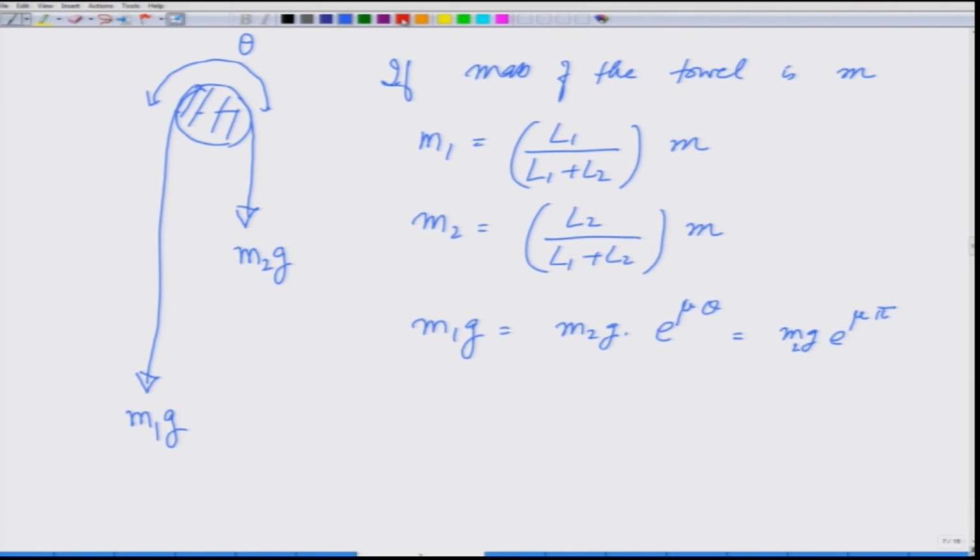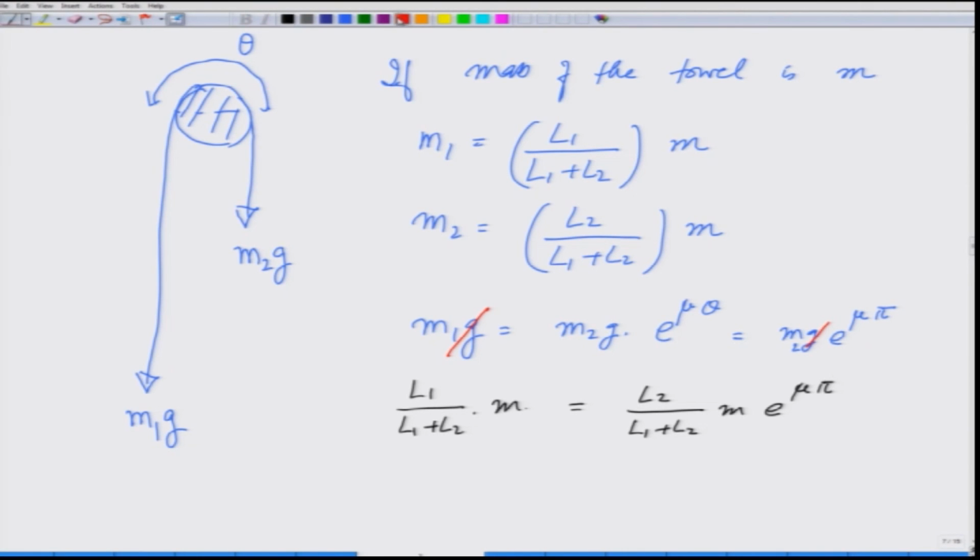Now, we can cancel G and we have M1, which is L1 over (L1 plus L2) times M, equal to L2 over (L1 plus L2) times M e raised to mu pi.